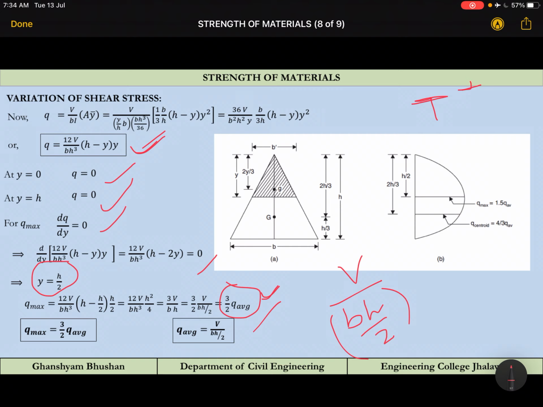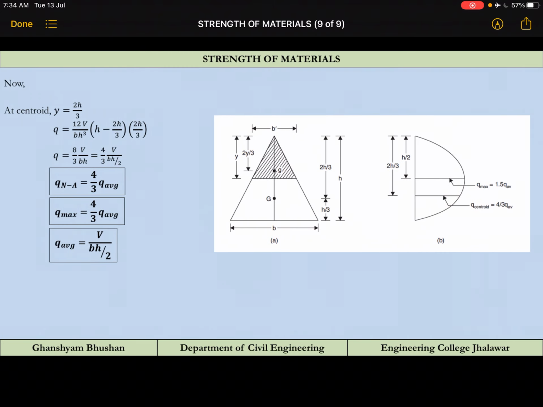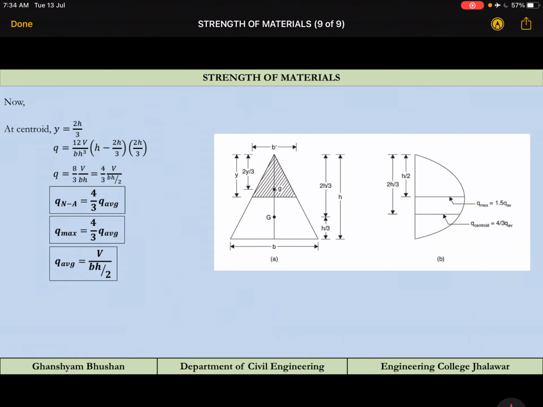Now one more location is there, that is the location at the neutral axis. So the neutral axis y is how much from the top? 2h by 3. Putting all the values, how much we are getting? We are getting for the neutral axis q is 4 by 3 into q average. Why are we taking q average?